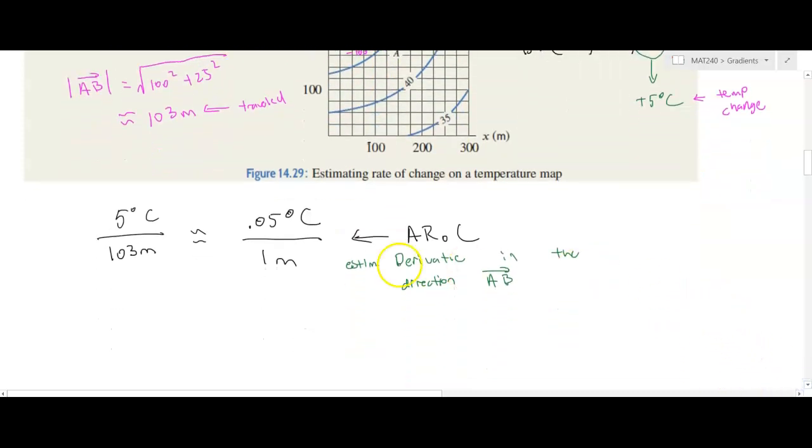So if we put this together and use some of the notation from above, we've described that f sub x at a point A, B is the instantaneous change in f per change in x.